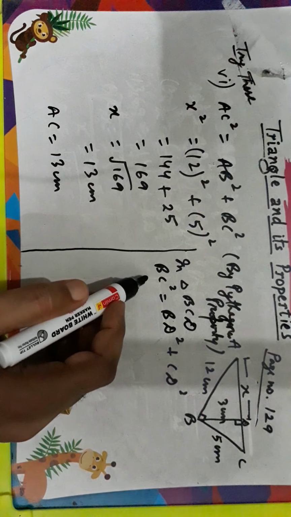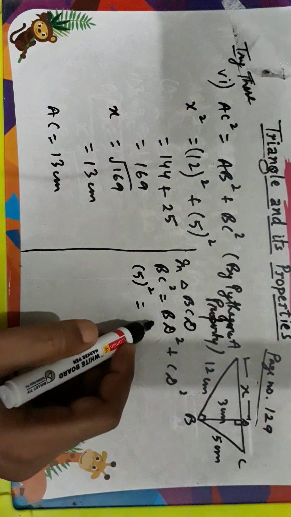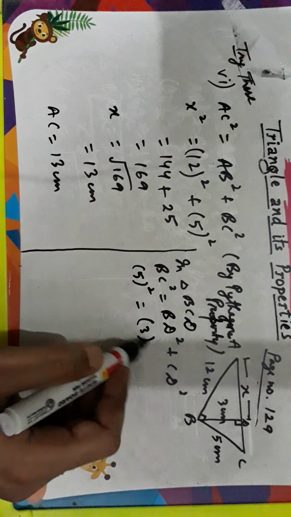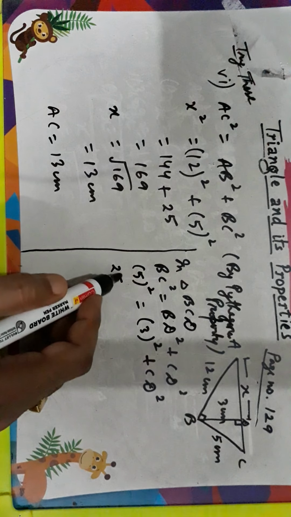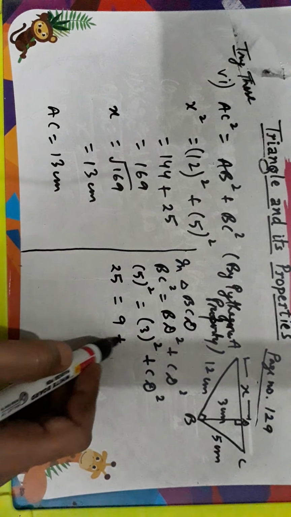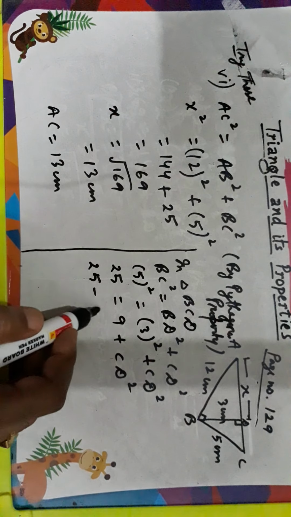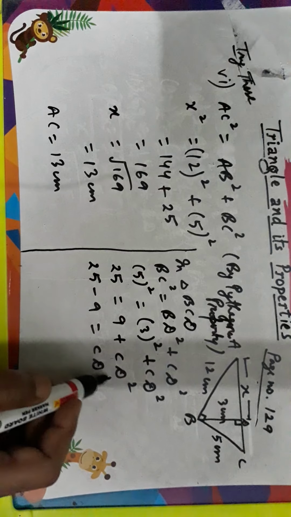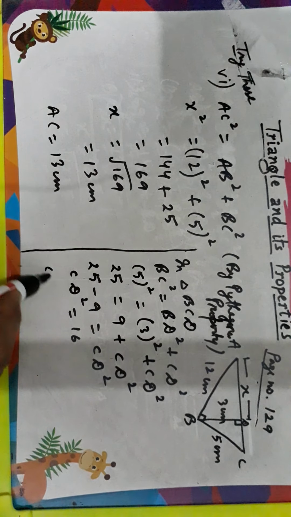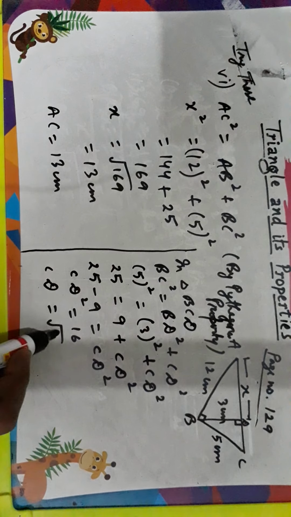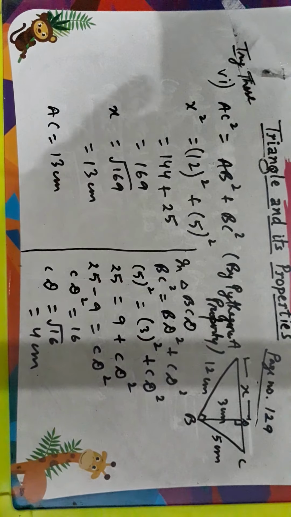BC square is 5 square, equals BD square, which is 3 square, plus CD square. 5 square is 25, 3 square is 9, plus CD square. In that way 25 minus 9 equals CD square. CD square equals 16, and the CD value is under root 16, which means 4 centimeter.